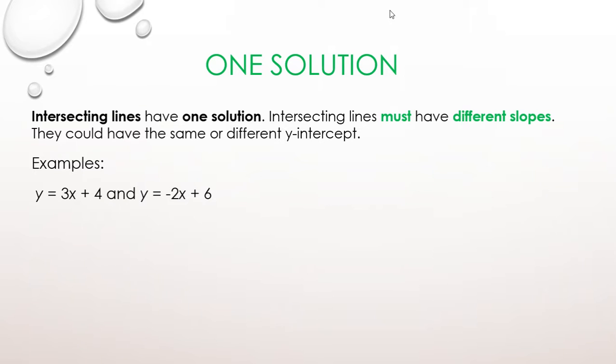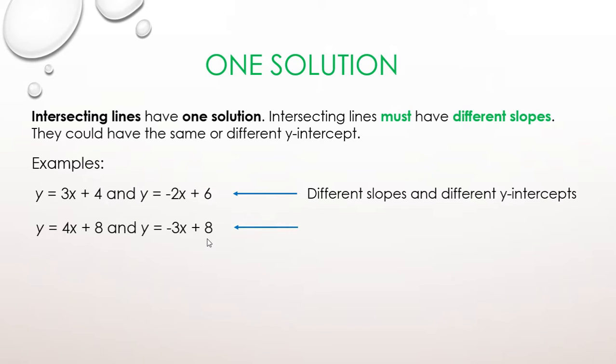For example, this first one right here, set of linear equations, we have 3x plus 4 and then -2x plus 6. Notice they have different slopes, 3 and -2, and they also have different y-intercepts. The second one, they have different slopes, right? 4 and -3, but they have the same y-intercepts, which again is okay for intersecting lines.